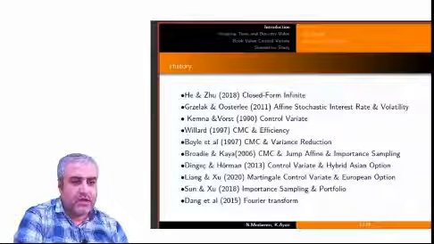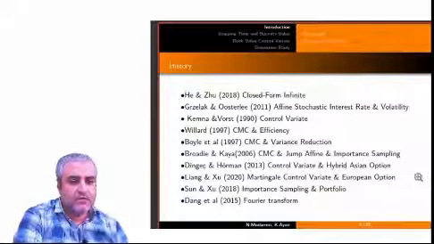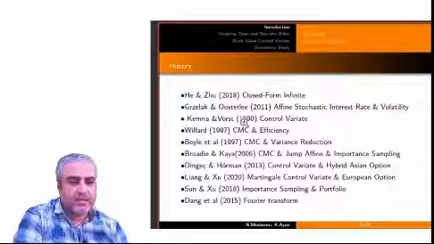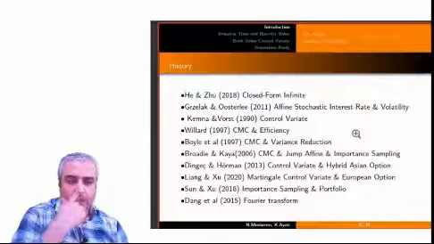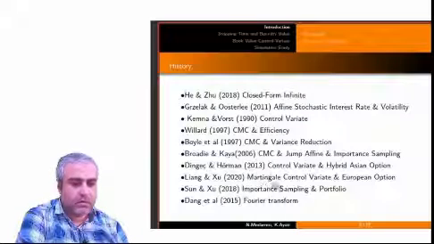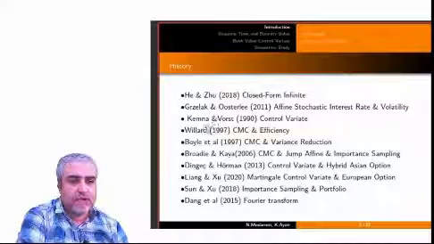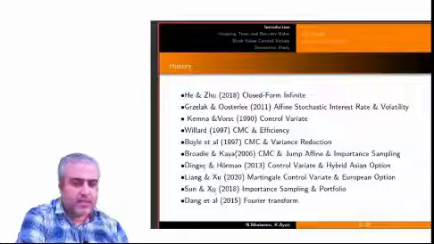The history of computational financial derivatives, from 1919 onwards, control variates, to now martingale control variates and European options, by scientists such as Hugh, Grizzly, Kemner, Wurzweil, Boyle, Brodia, Winkliang, and others.